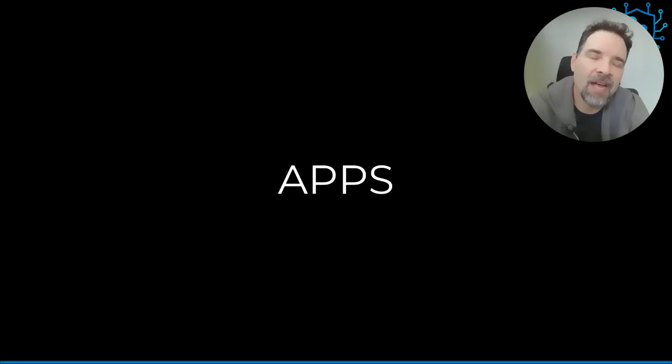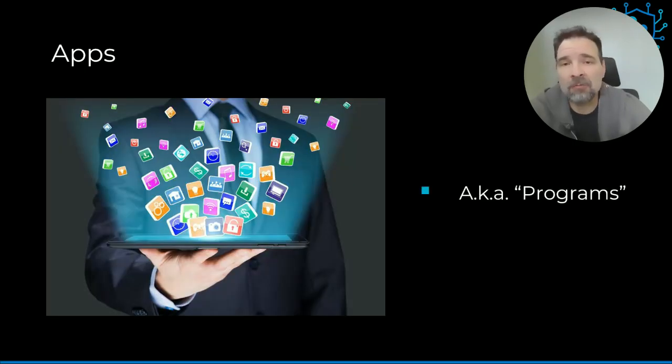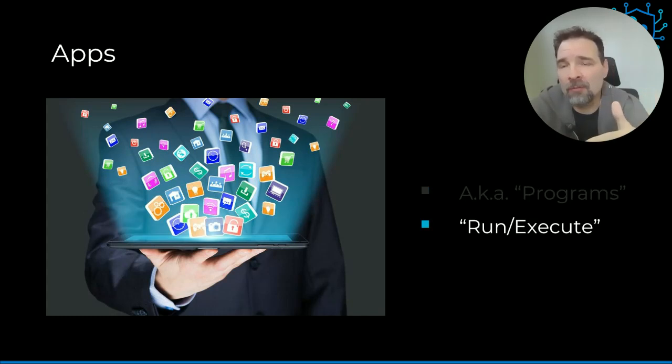Apps, on the other hand, are different from pages in that the apps themselves are what we also know as programs, right? So the browser that we use to navigate an infinite amount of web pages is one program. Each single app is a different program in and by itself.